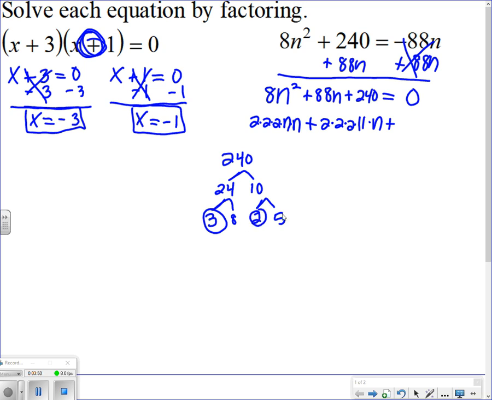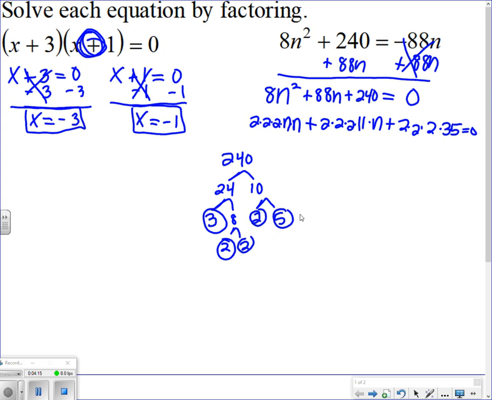This is prime. This is prime. Factors of 8 will be 2 times 2, and those are prime. So instead of writing 240, I'm going to write the factors in order. That would be 2 times 2 times 2 times 3 times 5, and that will be equal to 0.